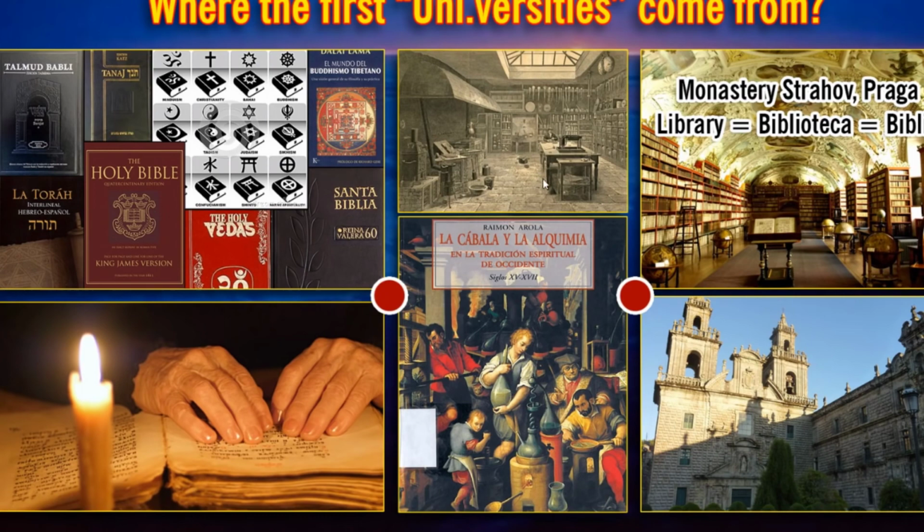And then, of course, they started to create all the libraries, which in Spanish, library is pronounced biblioteca, like the Biblia, biblio, because everybody knows that the Bible is like a compendium of many books. It's not just one book.